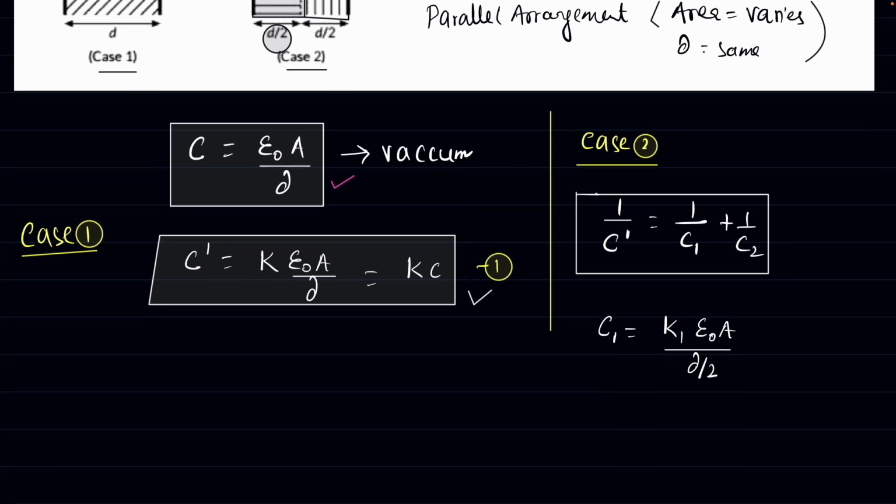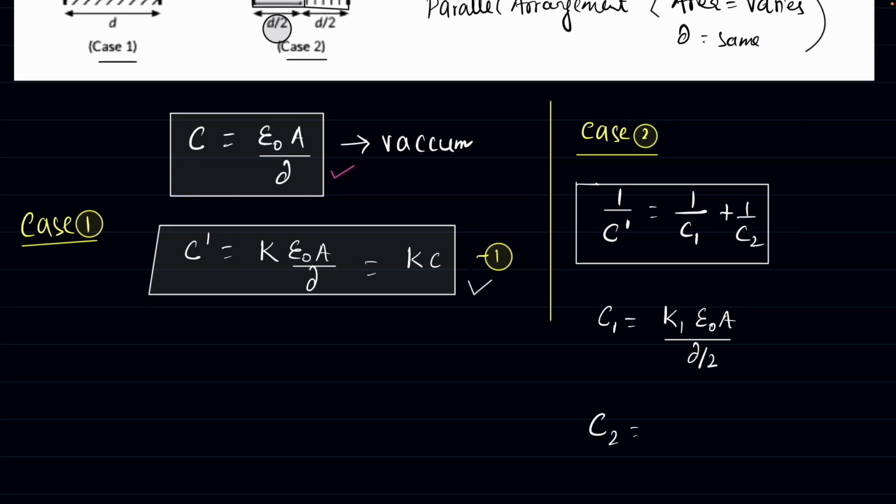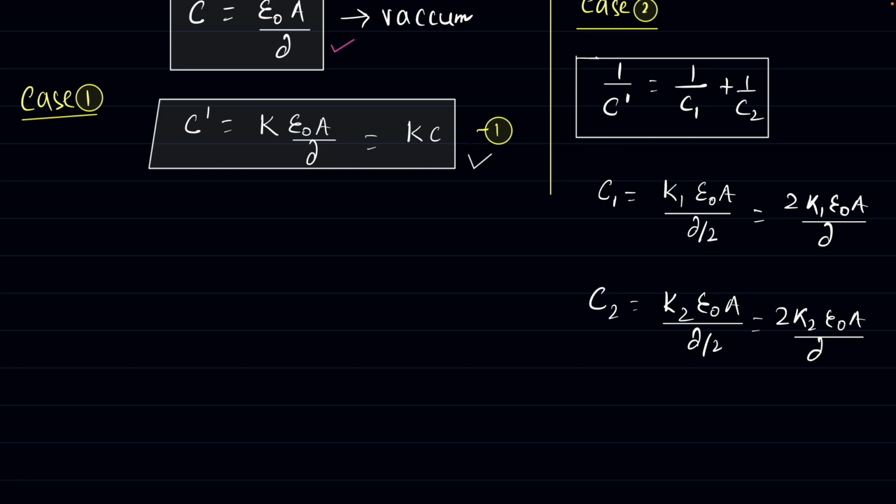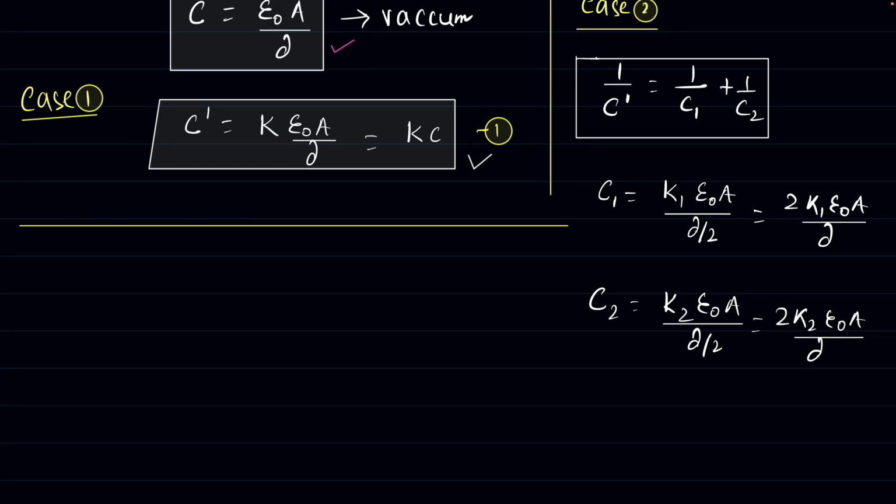Similarly, C2 is equal to K2 epsilon naught A by d by 2. This can also be written as 2K1 epsilon naught A by d, and this is again 2K2 epsilon naught A by d. So now for the total capacitance, we can use that relation.